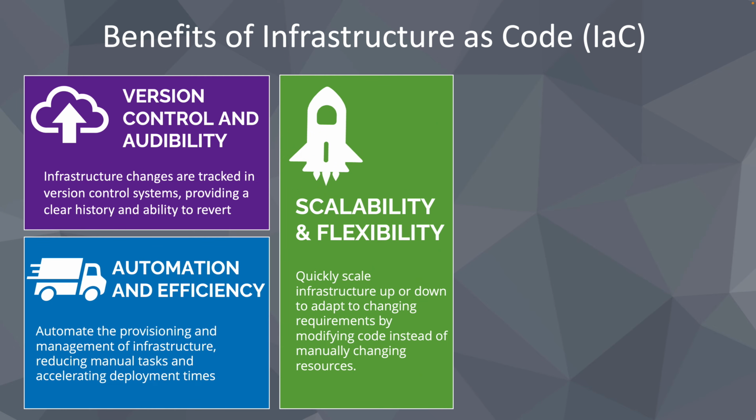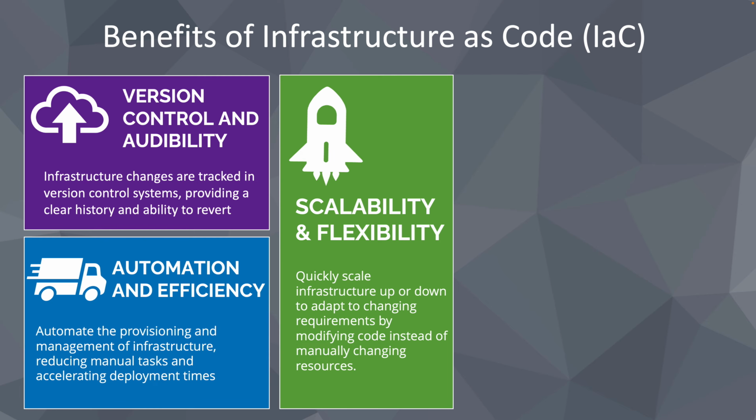Infrastructure as code also enables really good scalability and flexibility in your environment. You can quickly scale infrastructure up and down to adapt to changing requirements by simply modifying code instead of manually changing your resources.